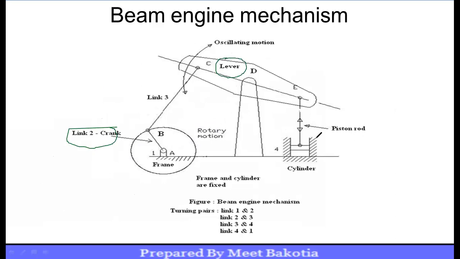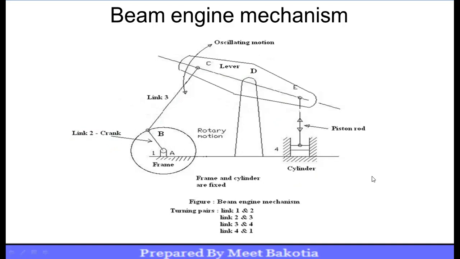The change in the actual four bar chain is that at the end we have added a piston and cylinder. Since some adding or subtracting is done in the original mechanism, that becomes an inversion of the mechanism. That is why we can say the beam engine mechanism is the first inversion of the four bar chain mechanism.